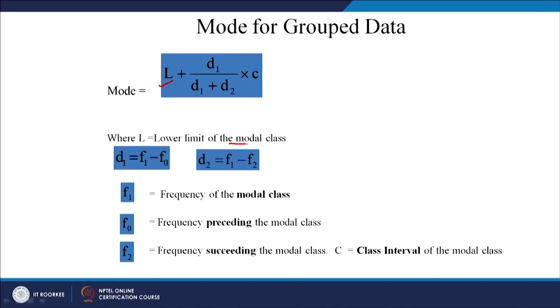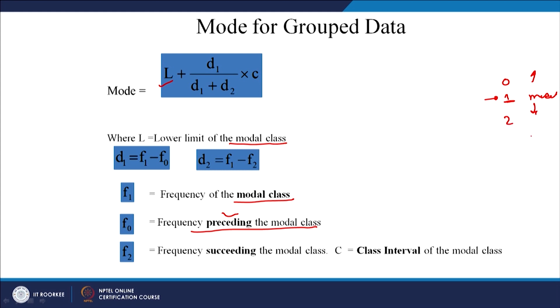So, mode is equal to L, which is the lower limit of the modal class. Then you have got F1, the frequency of the modal class. F0 is the frequency of the class preceding the modal class. This is very simple: 1 means frequency of the modal class, 0 means frequency of the previous class, 2 means the succeeding class.